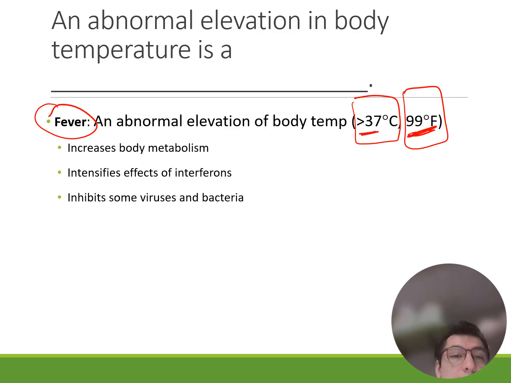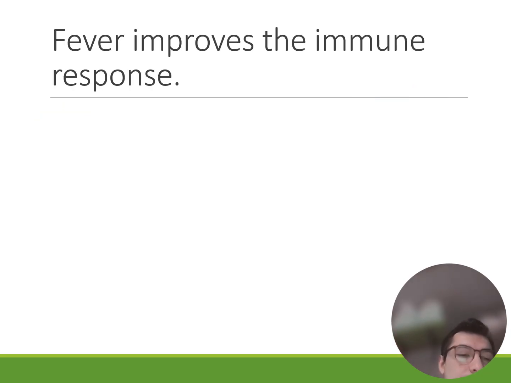This temperature enhances immune responses such as interferon work. However, if it is too high, it is now not conducive to life. It may kill you. Just know the ranges for fever. Does fever improve the immune response? The answer is yes.